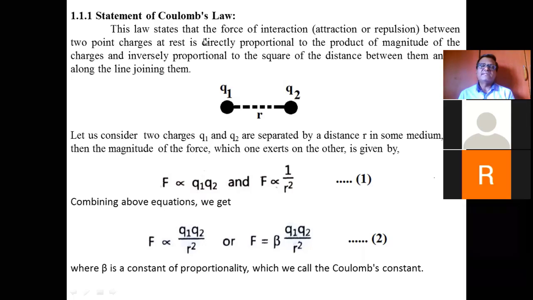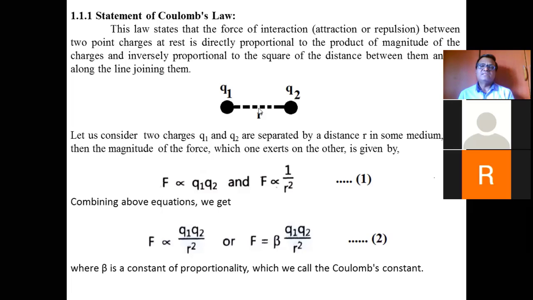This law states that the force of interaction, that is attraction or repulsion, between two point charges at rest. What is a point charge? That I have also explained to you. Point charge means the dimension of the charge is very small as compared to the separation of the two charges.